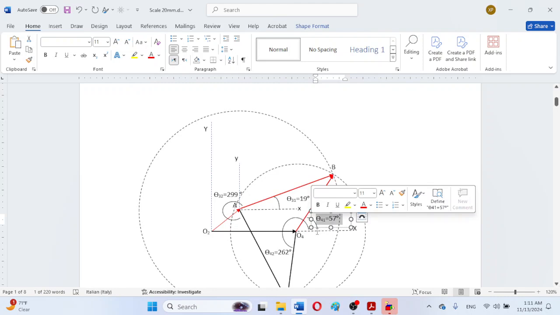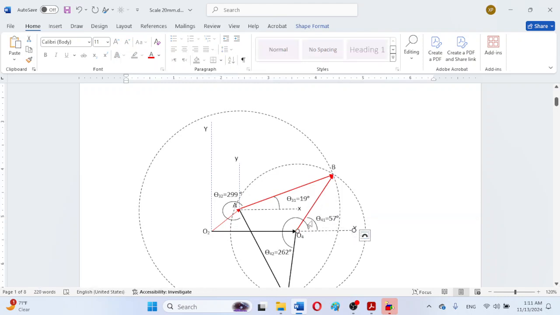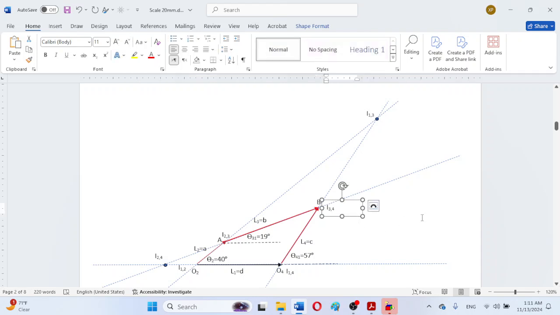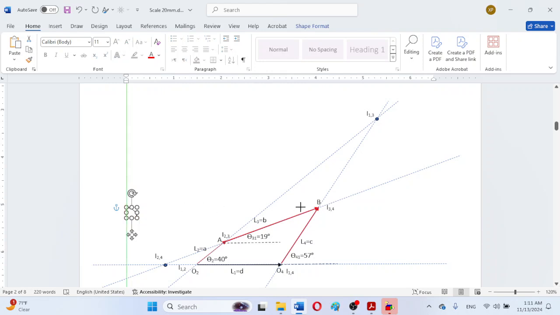Those can also be copied and pasted here at any location, then moved here like this.